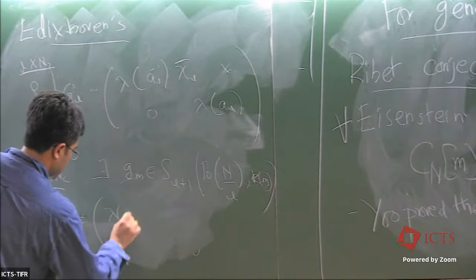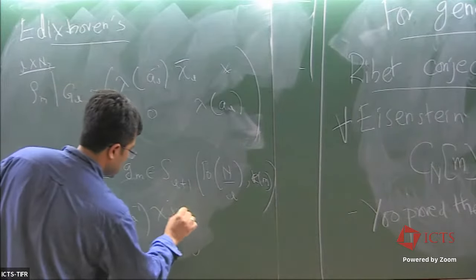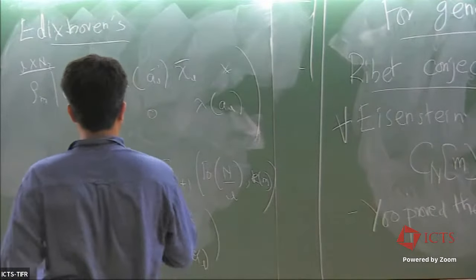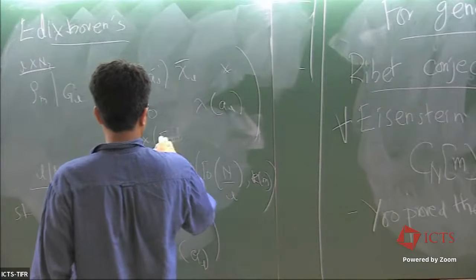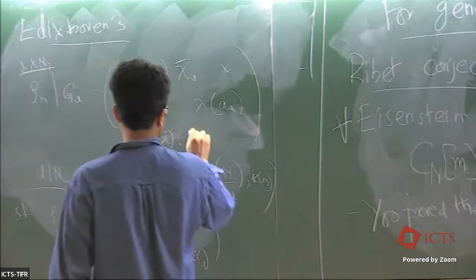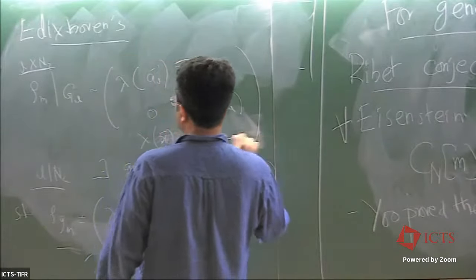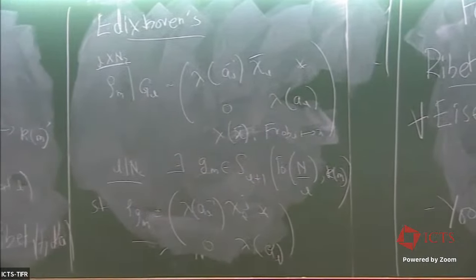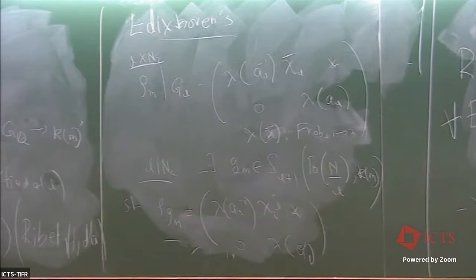So you have this lambda L bar K star 0 of AL. Lambda is a character, the unramified character that takes Frob L to X. So we do a little bit of computation, and that's going to give you this proposition. So now we have control on this N. Okay, so you have this epsilon M, you have certain control on that.